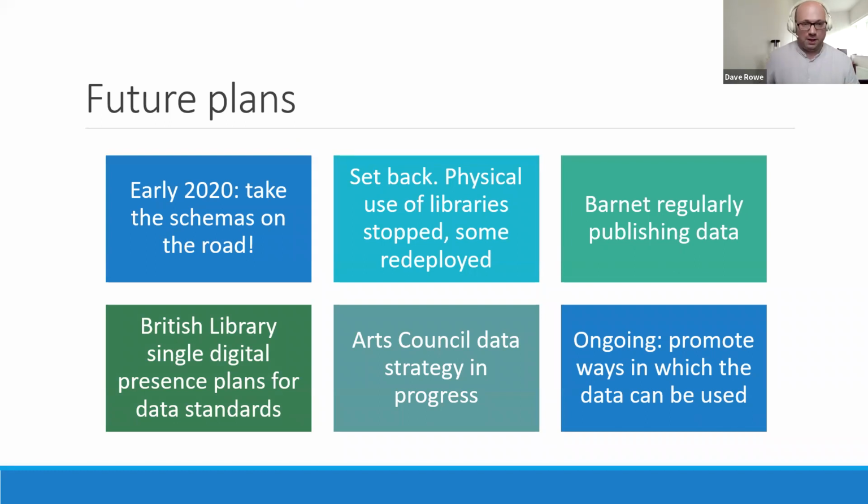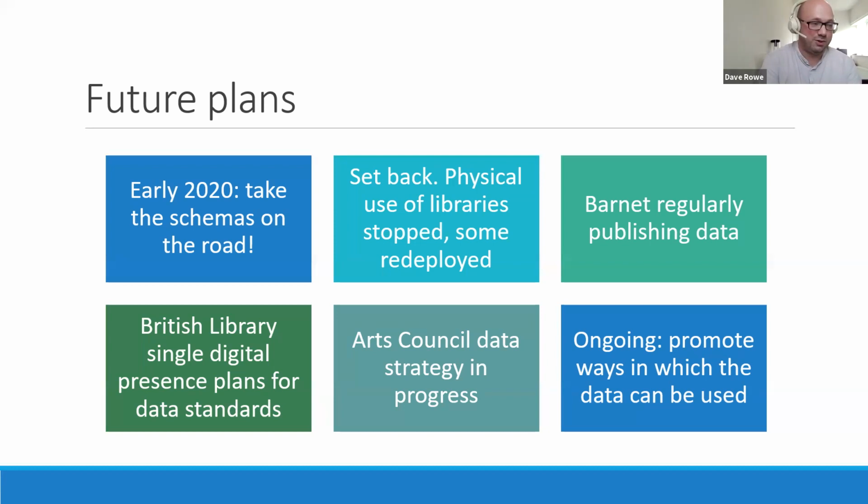So a bit about future plans as well. Obviously this happened in 2019, and we're talking now in 2021. The plan was in early 2020 to take these on the road and present them across the library services. Now, obviously, in early 2020, stuff happened, and suddenly the priorities for libraries changed, quite understandably. Everyone was suddenly going, we need to go online, we need to do different things.